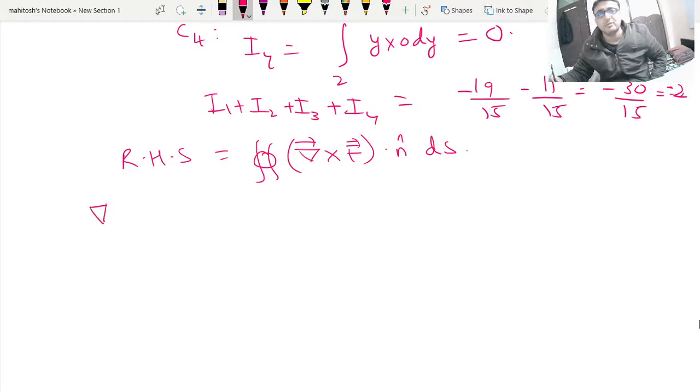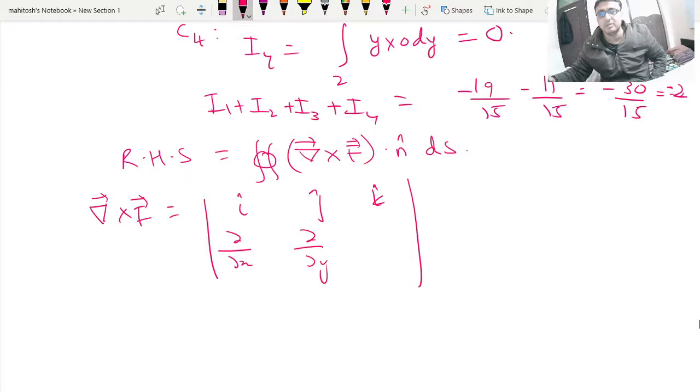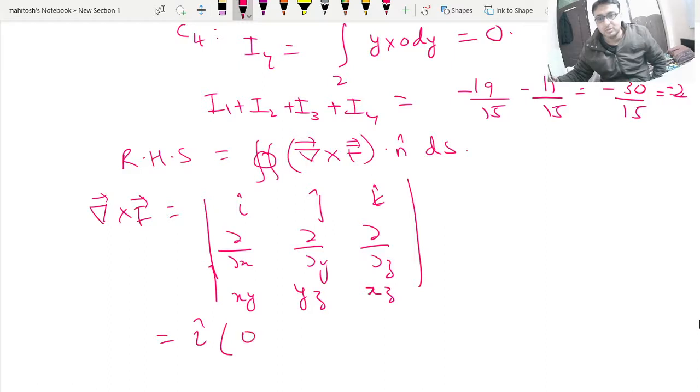Now first of all, we are going to take the curl. This is your i cap, j cap, k cap, dou by dou x, dou by dou y, dou by dou z. Now we are going to put the value of f, that is your xy as given in the question, yz and xz. This is what? Dou by... so this is your 0. Okay.